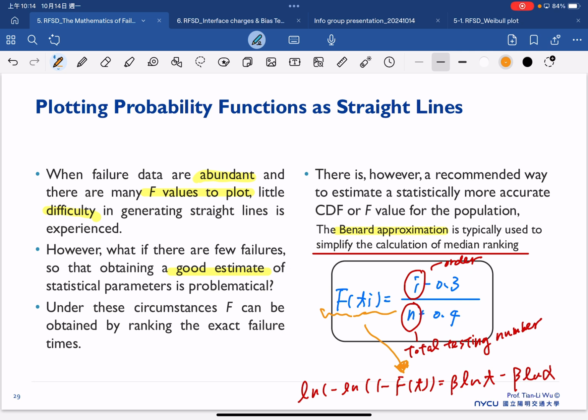Later, we will come up with an example to guide you how to make the Weibull plot using the equation here. For sure, right now with this equation, it is probably sometimes a little bit confusing, but with a more practical example, you will know how to use that. So we will talk about this later.